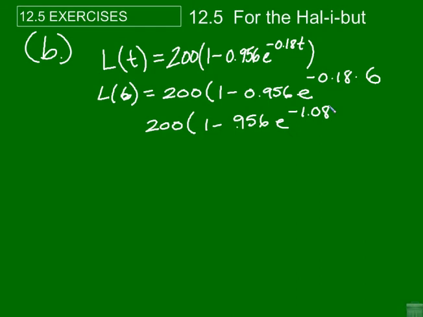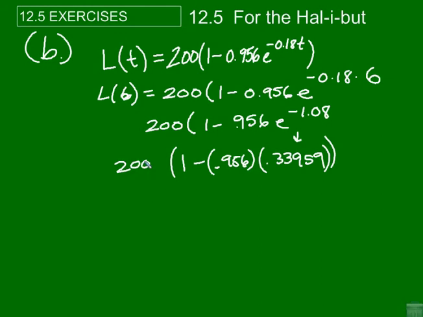Now e to the negative 1.08 is 0.33959. I'm going to multiply that by 0.956, and I'm going to subtract that from 1, and then I'm going to multiply all that by 200.